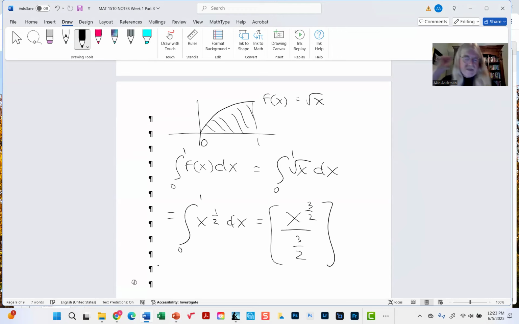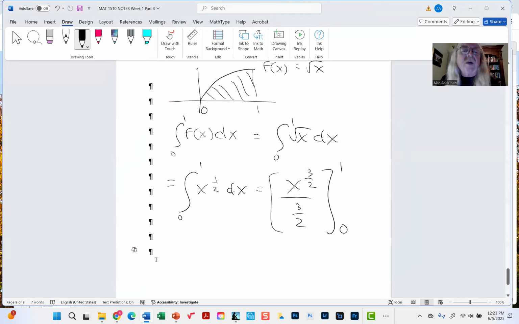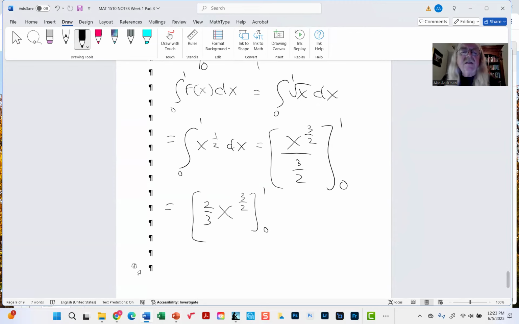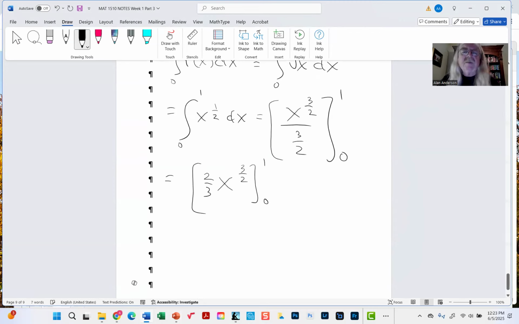Now, this part, the notation can be very different from one book to the next. The way I'm used to seeing it is right like this, which means we're going to evaluate it in a very specific way. First, let's simplify it a little, and we can move the constant outside and treat it separately.